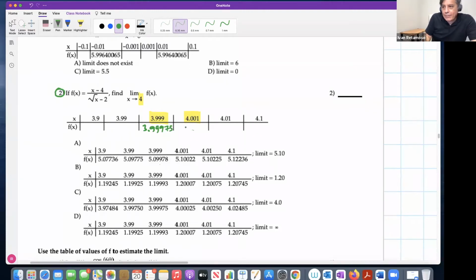And this guy, when evaluated, is giving 4.00205. And it is clear that from the left and from the right, we are sandwiching the number 4. So that is the limit. Excellent, guys. So this is 4, right? Follow? The limit is 4, and that's the table.